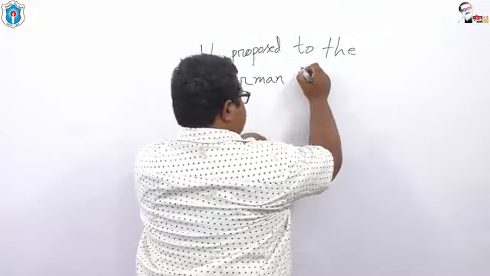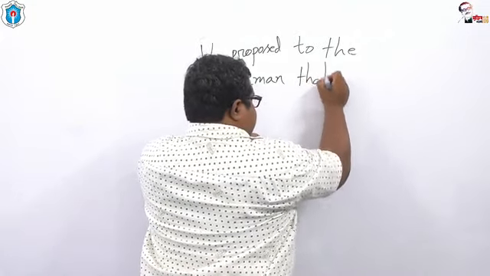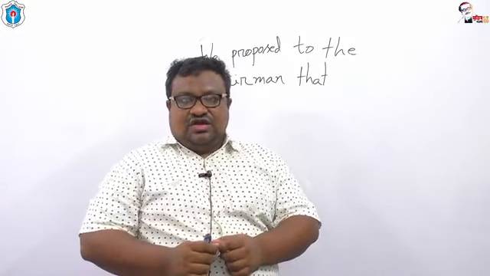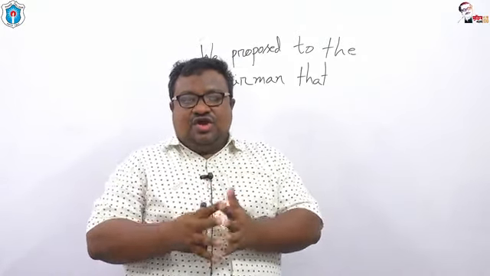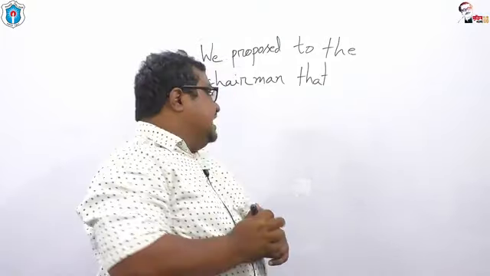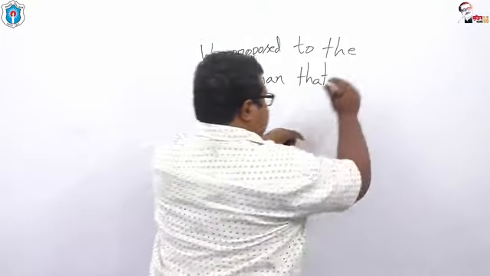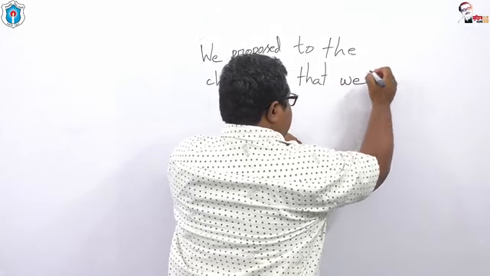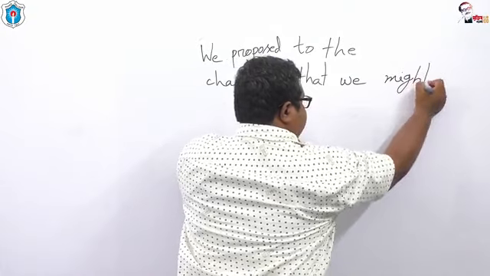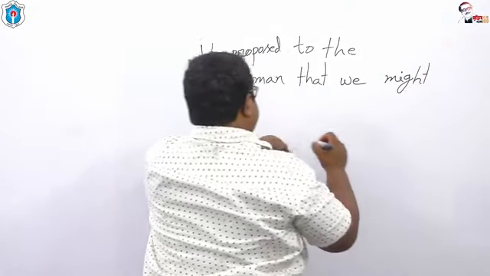That. After that, the subject us, it is in the objective form. Now it will be changed into the subjective one, that is we, then we will bring the helping verb might.